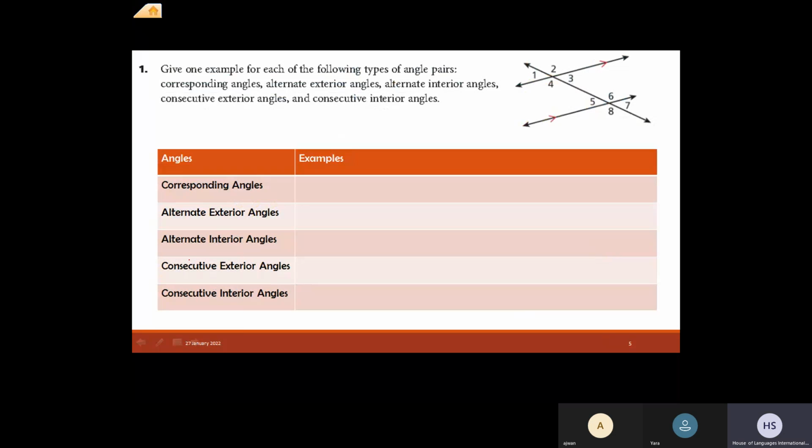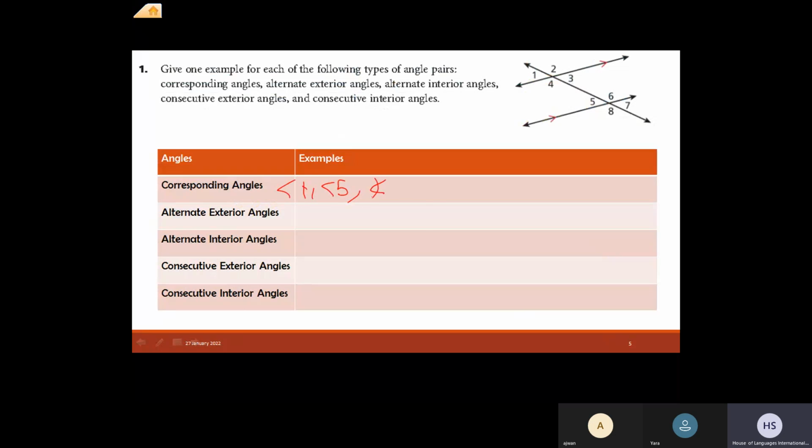Yes, Julie, tell me from your place. Corresponding angles: same side of the transversal and same side of the intersecting lines. 1 and 5. Bravo. 2 and 6. 1 and 5. And 2 and 6.